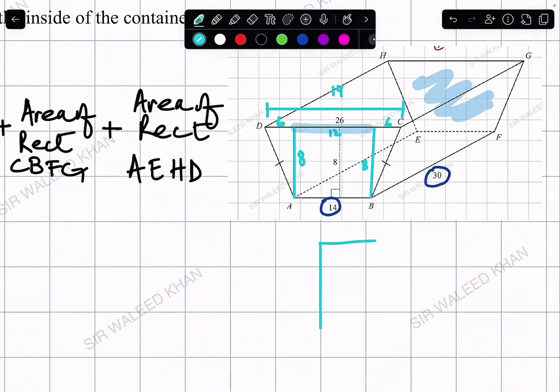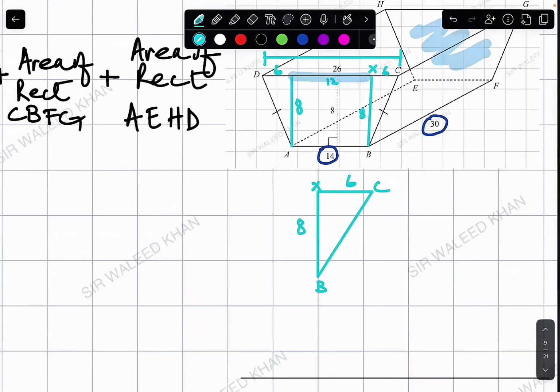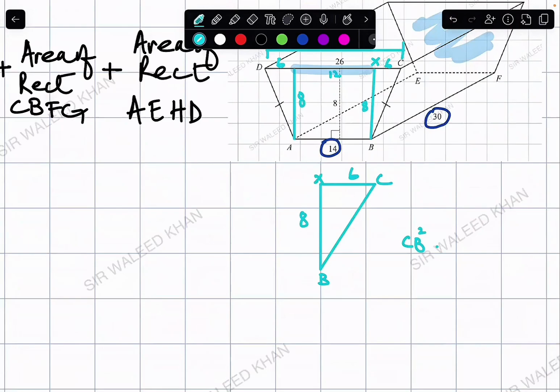So I'm writing it over here. Let's say this is X. So X, B, C. This is 6, this is 8, and we have to find this. So CB square is equal to 6 square plus 8 square. So CB is equal to under root of 36 plus 64, which is 100.